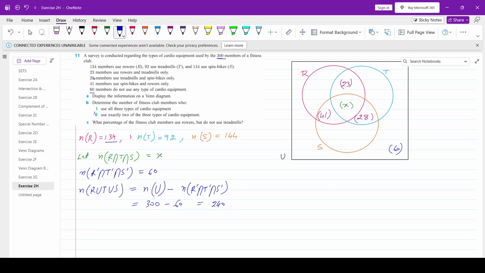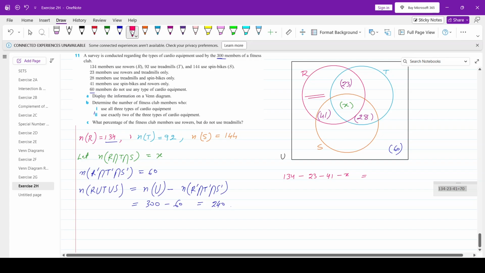Now we know this circle contains 134 members, out of which this many we have already written. So the number here will be 134 minus 23 minus 41 minus x, which is going to be 134 minus 23 minus 41. So this is going to be 70 minus x.